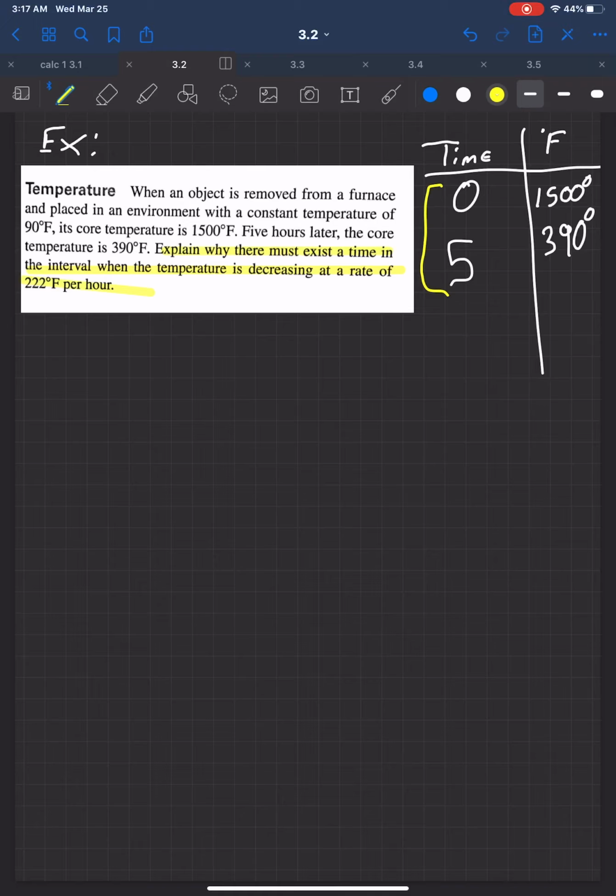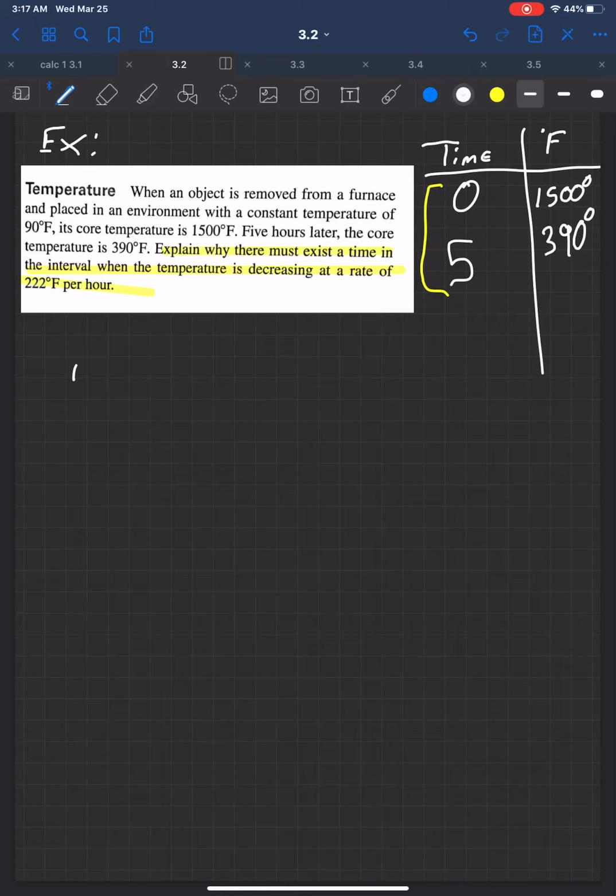Well, this might look gimmicky, and all we have to do, assuming that all these conditions are met, is find the average. If you can find the average change in temperature every hour, then we're automatically guaranteed that there was an exact time where it was decreasing at that rate.